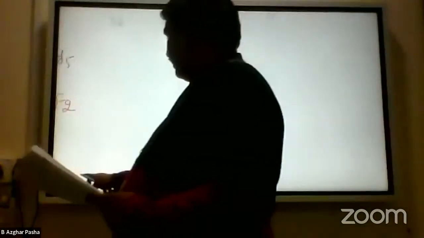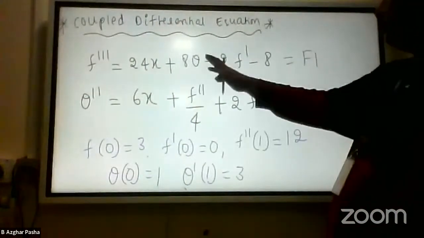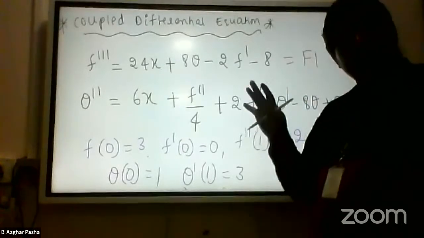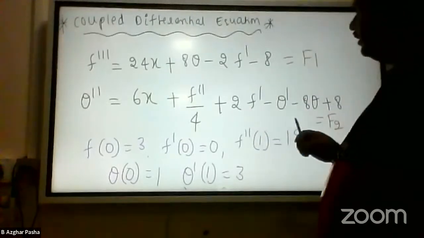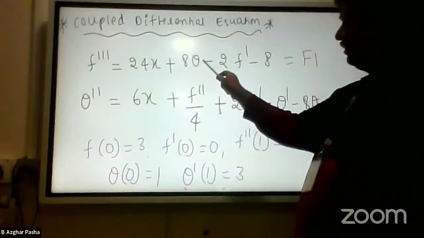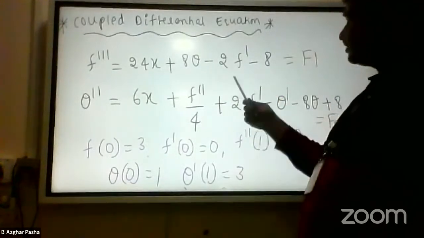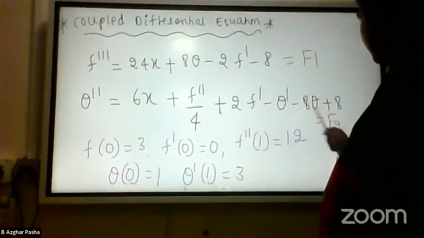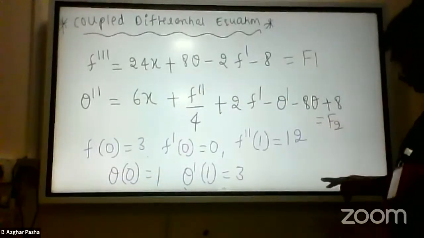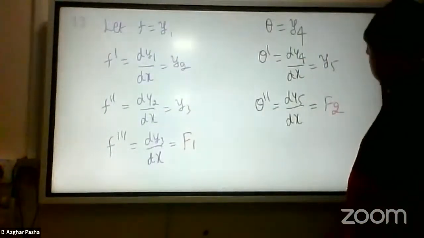F1, what I have assumed is from this equation, but the roles have changed. Everything should be in terms of y1, y2, y3, y4. So x will remain as it is, theta is y4, and f dash is y2. You have to express F1, F2 in terms of the yi's.